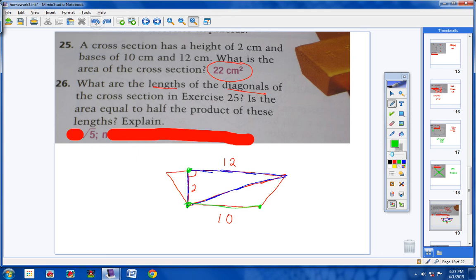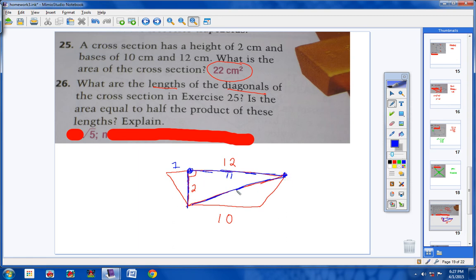So I can definitely say that this segment here from here to here is the same as this here. So if the whole thing's 12 and this much is 10, this has to be 1 and this has to be 1, okay? So with all of that in mind, the entire section is 12. Take out this one piece right here, and now you know this length here is 11 from here to here.